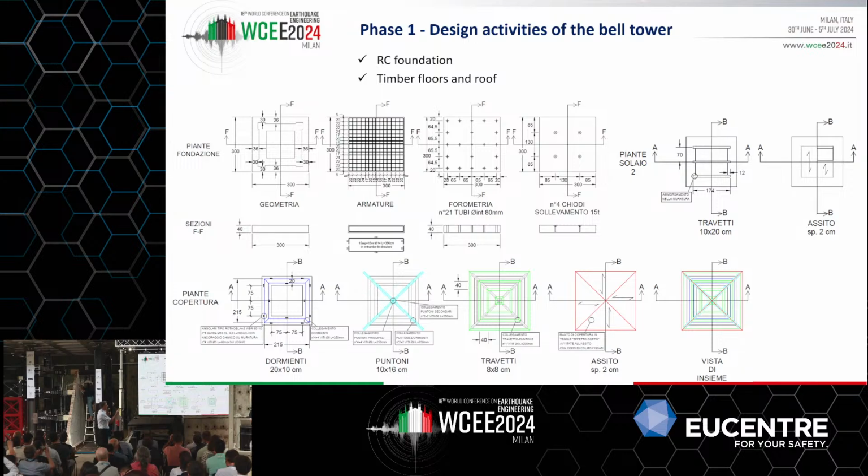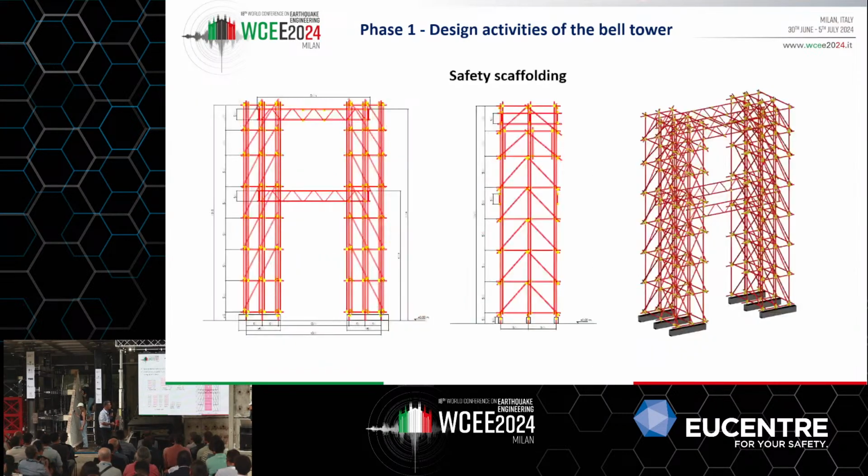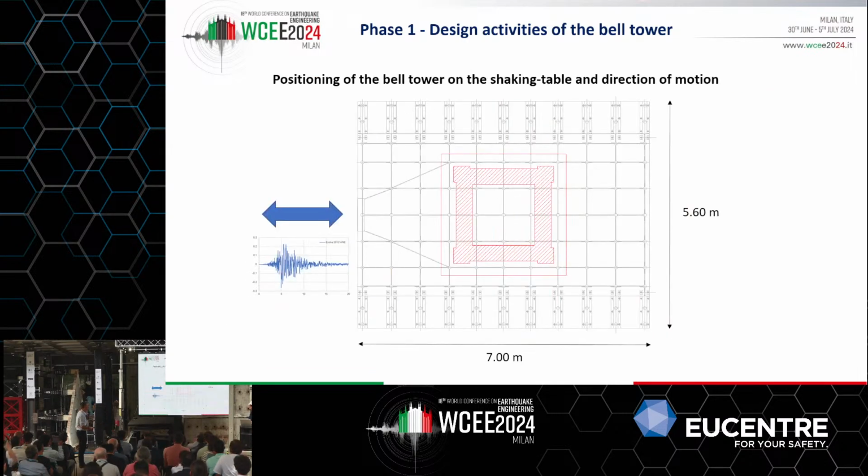This is just some details, our reinforced concrete foundation, timber floors and roof. I don't want to go into too much detail on that. We did, of course, test our mechanical characterization, and also we designed and constructed a scaffolding for safety reasons.